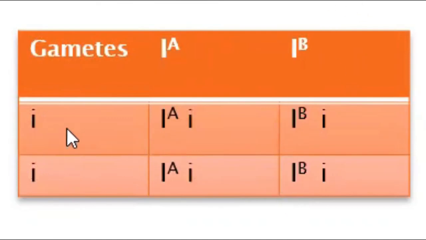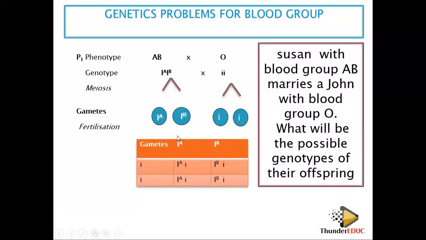Now this crosses with this, because when I draw a line here and a line here, they meet here. You see? So this and this give you capital I A, small i. Then this and this give you capital I B and small i. Then in this box, this with this gives capital I A and small i again. And this and this gives capital I B and small i.